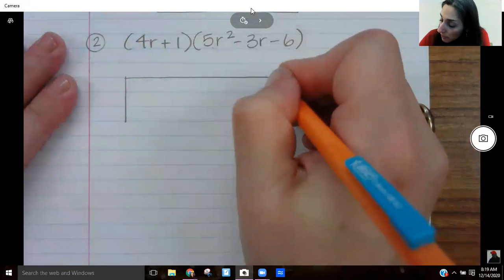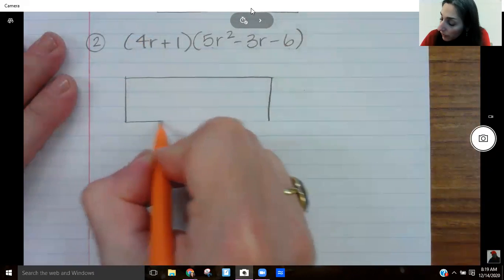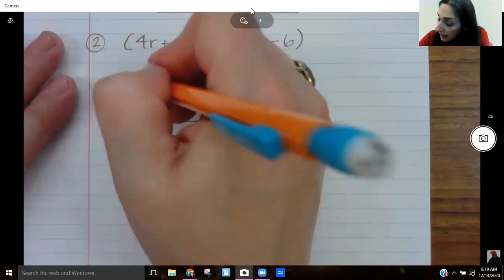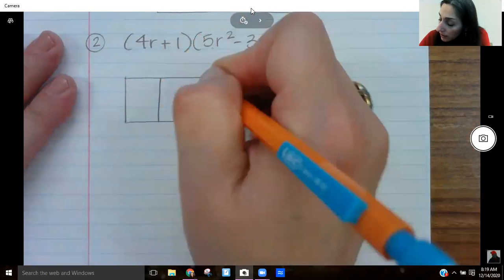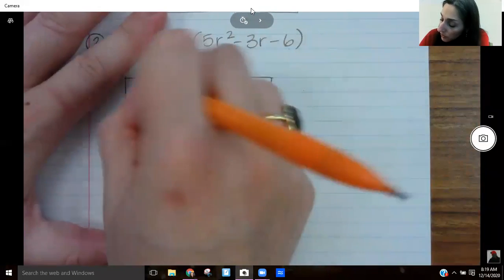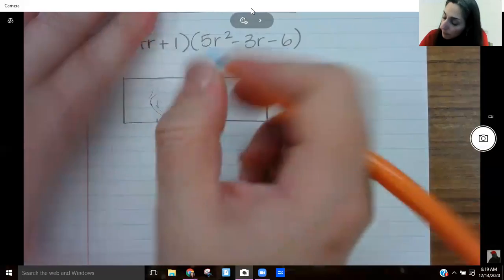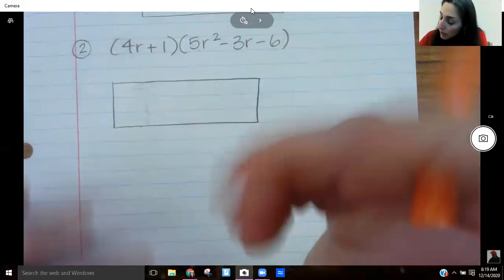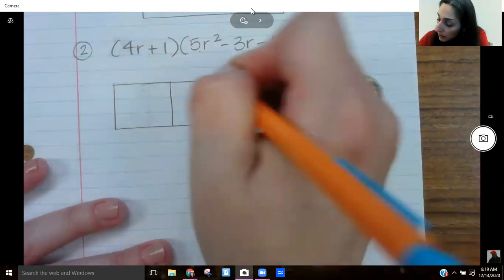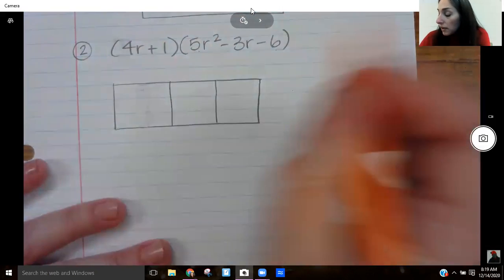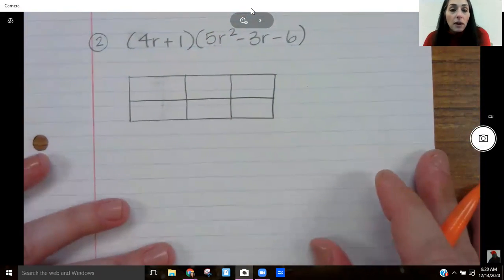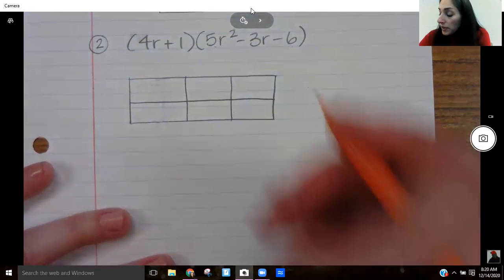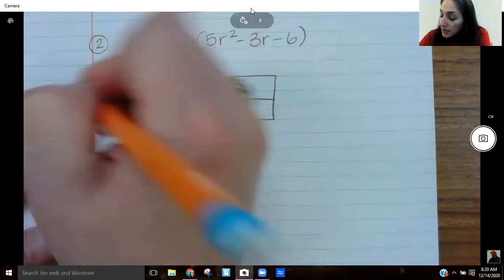So you just make a little bit bigger box. It's a little bit longer. And we're going to have space for 1, 2, 3. And then we're going to go across like this, okay? So I'm going to put the 4r plus 1.